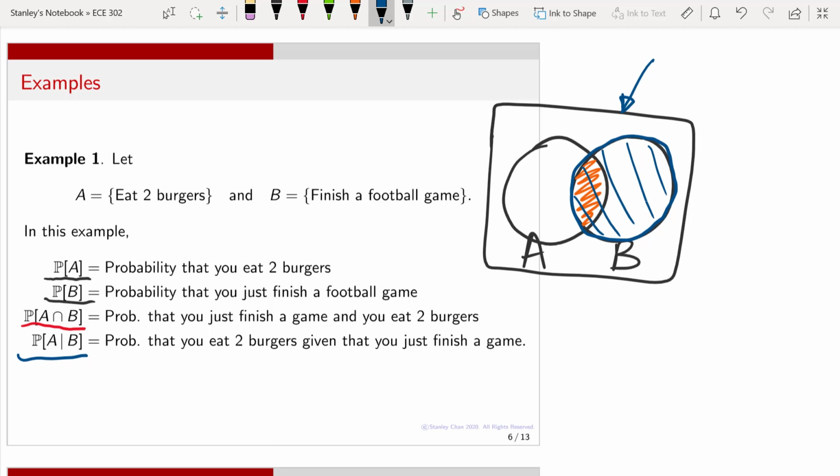It relates two events, A and B: you assume that event B has happened, and then you ask what is the likelihood that event A will also happen. Pay attention to this word "also", because you want both A and B to happen with respect to the occurrence of B.